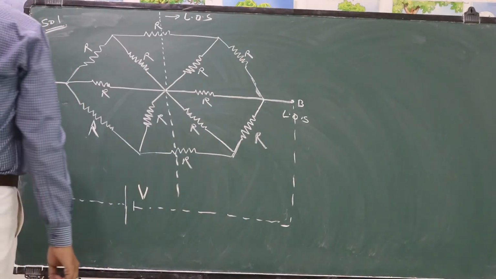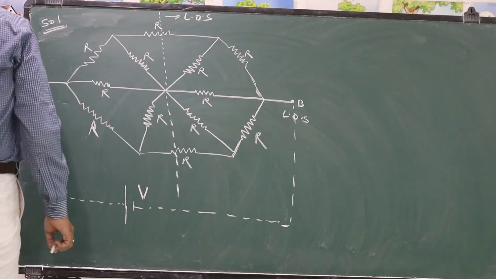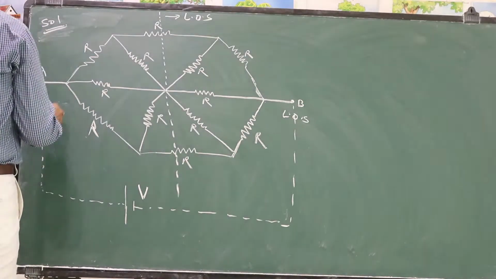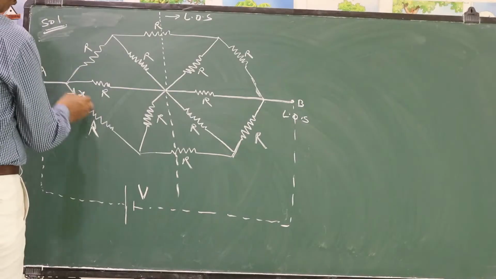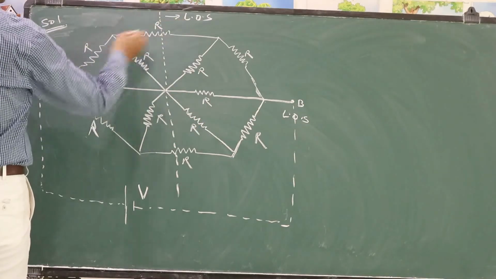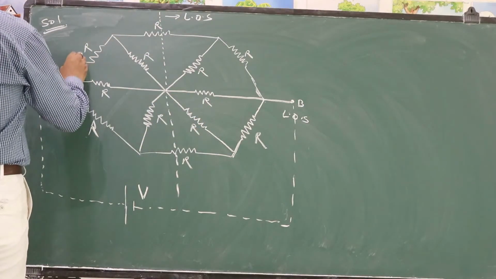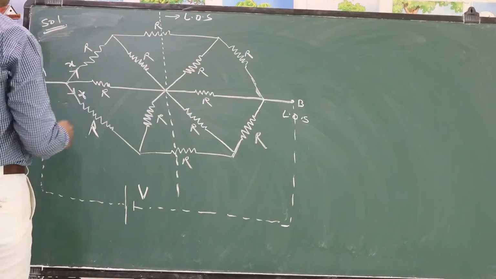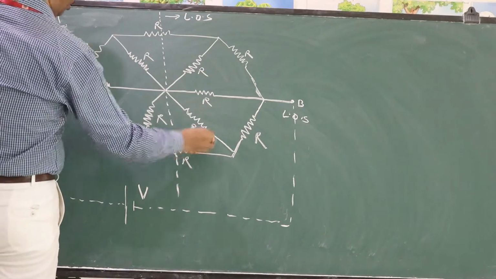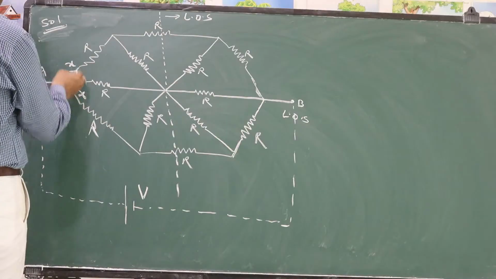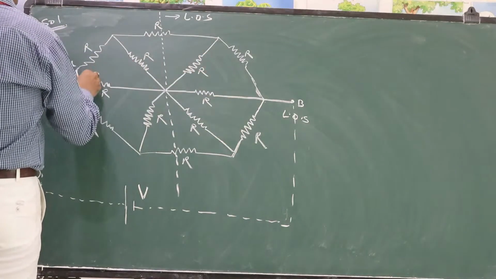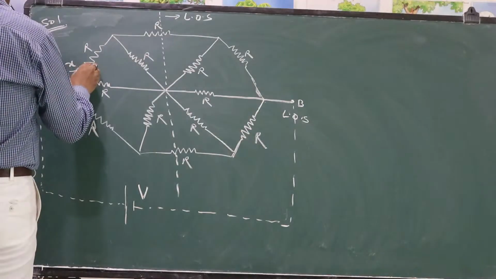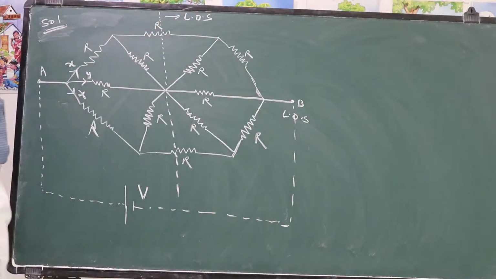Let x be the current passing through this branch. As per symmetry, whatever distribution is here, the same distribution is above this. So x is the current passing through this branch, and the same symmetry is there. In this other line, y is the current going.